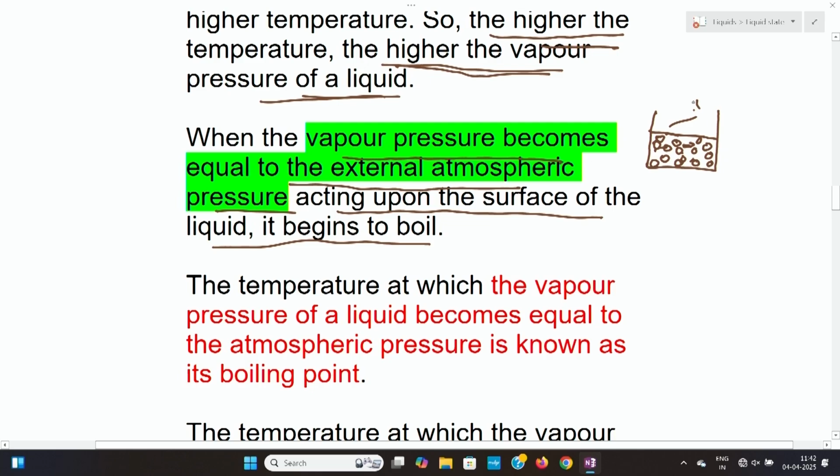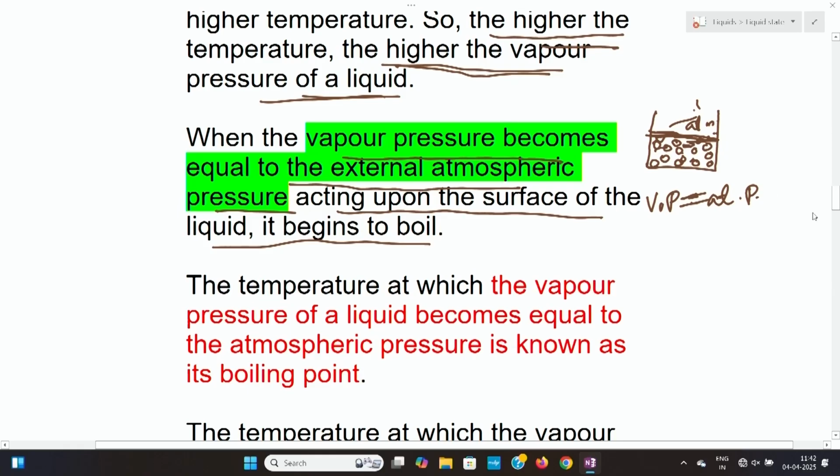At that time, this vapor pressure will be equal to the atmospheric pressure at the surface of the liquid. Here some molecules are at the surface of the liquid, and here is some atmospheric pressure. So when the vapor pressure of the liquid is equal to the atmospheric pressure, the liquid will start to boil.